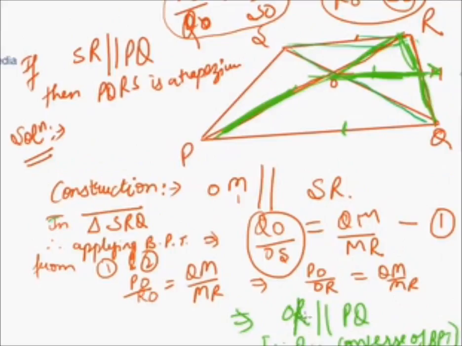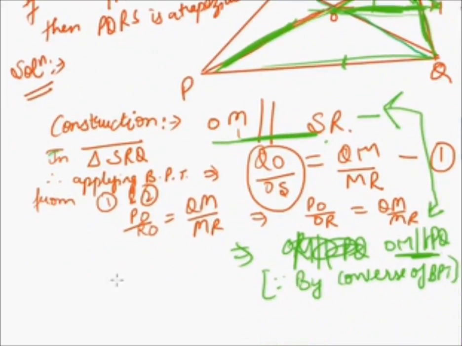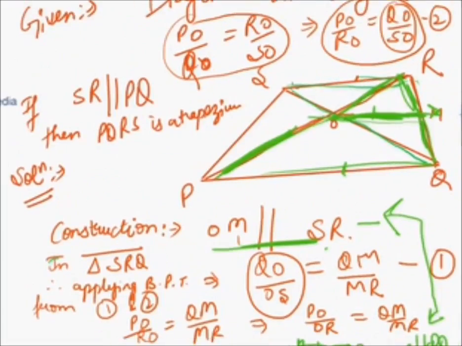So we have constructed OM as parallel to SR, and we have now achieved OM as parallel to PQ. Thus from these two conditions, we can say that SR is parallel to PQ.